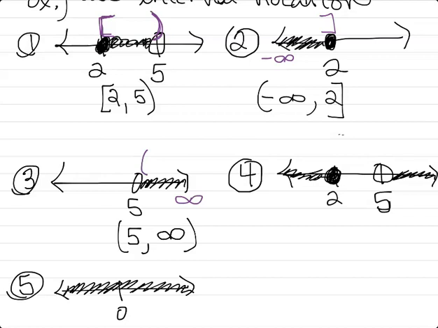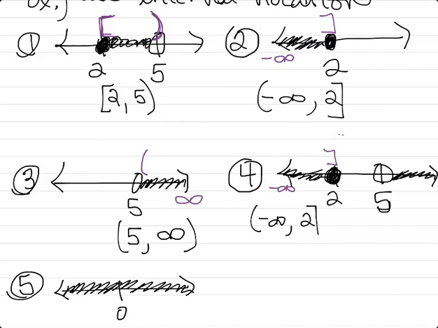For number 4, we have 2 sets of shading. We have shading to the left of the number line, and it stops at the 2. So left of the number line is negative infinity, stopping at the 2. And that 2 we can equal because it's that closed-in circle.